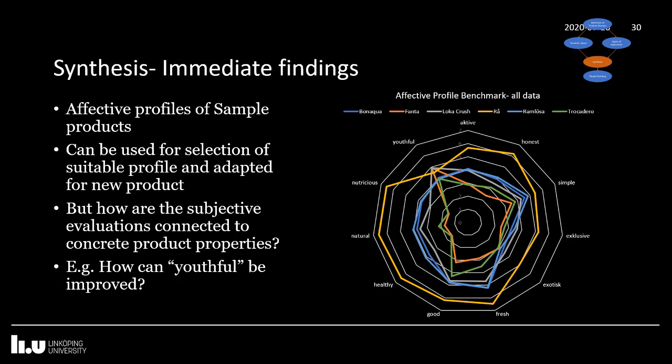So one of the findings is here, for example, Fanta, probably a product which you know. It is rated good, natural very low, healthy very low, nutritious, youthful very high, active on some medium level, honest not that good, simple.